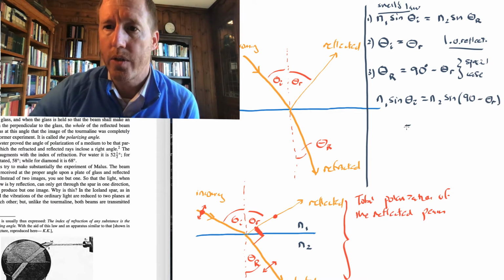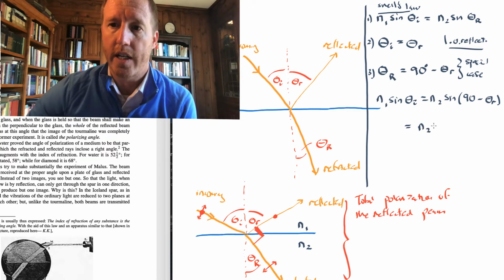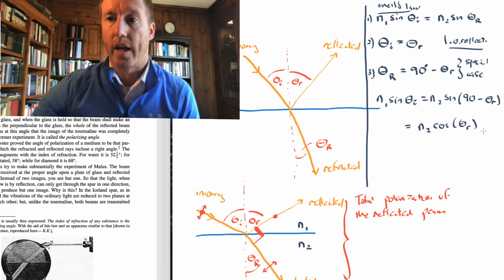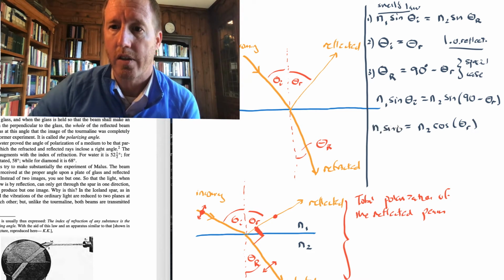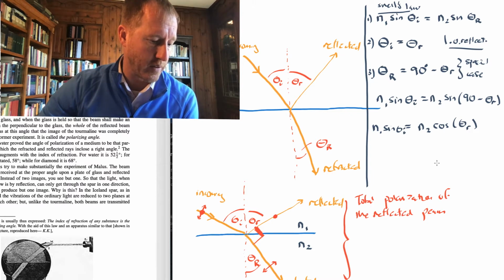And now what I'm going to use is a trigonometric identity that you may recall, that sine of 90 minus an angle is equal to cosine of that angle, cosine of the angle of reflection. So I'm left with n1 sine theta incident equals n2 cosine theta reflected.